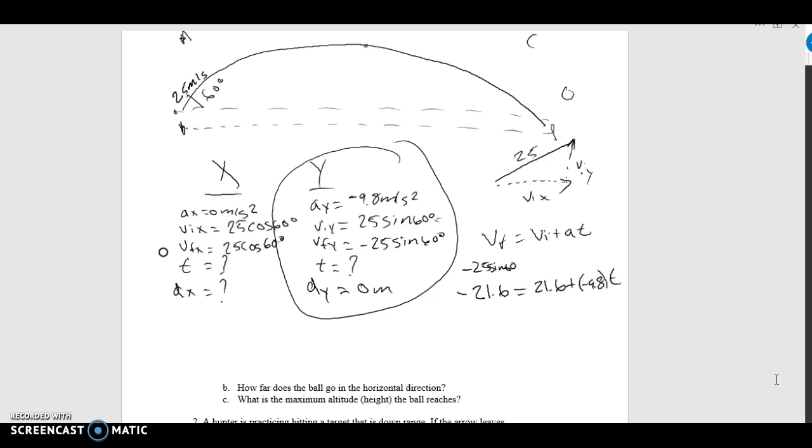Now we can solve for time. You subtract 21.6 from both sides, and you get negative 43.2 is equal to negative 9.8 times t. Sorry, that should have been negative. Divided by negative 9.8 on both sides, you are left with time equal to 4.42.